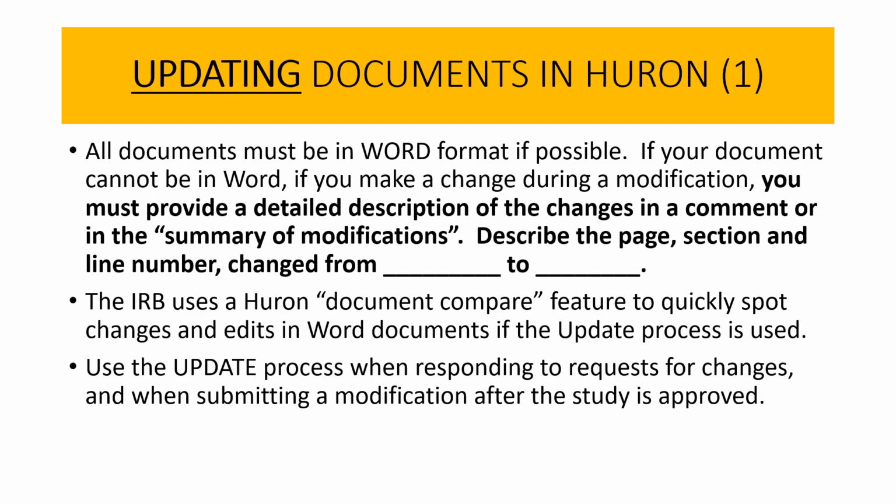Use this update process, a description is coming up, when you respond to requests for changes and when you are making modifications to an approved document later on. The protocol and the consent form must always be in Word format. Using Word for all your documents will make the IRB processes go much faster, especially if these documents require changes.